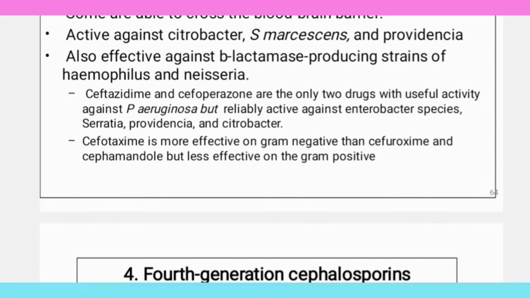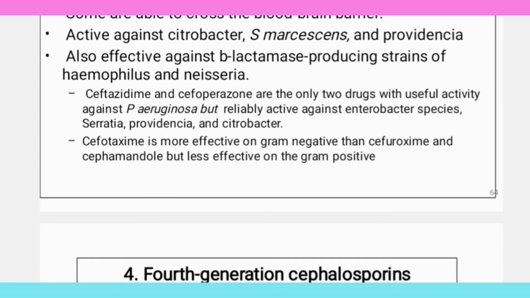The third generation cephalosporins have an expanded gram-negative coverage. Some are able to cross the blood-brain barrier, and they are active against Citrobacter, Serratia marcescens, Providencia, and also effective against beta-lactamase producing strains of Haemophilus and Neisseria.